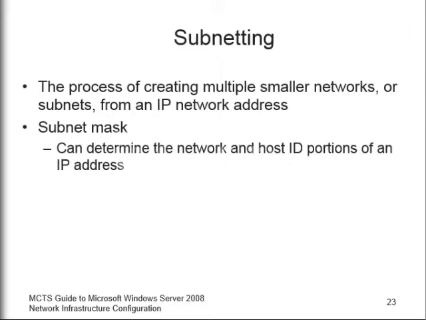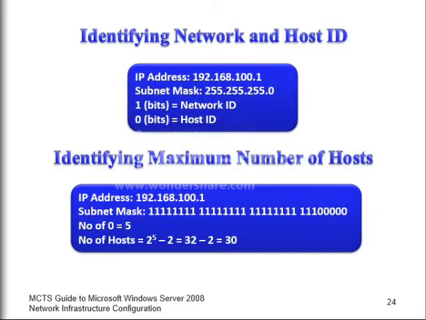For example, given a class C network of 204.17.50, which has a natural mask of 255.255.255.0, you can create subnets in the following way. For example, given a class C network of 192.168.101, which has a natural mask of 255.255.255.0, you can create subnets by extending the mask.